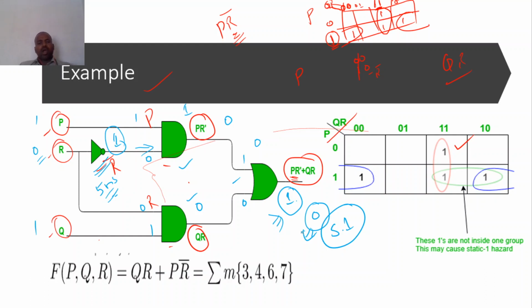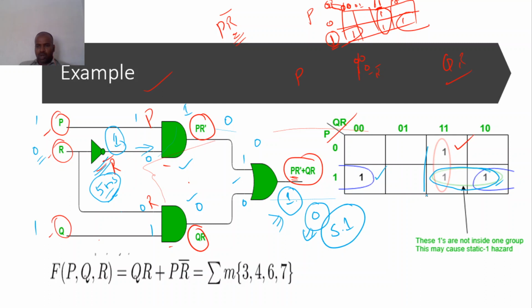Okay, so how to avoid this hazard means, see already we are having one group, so this is one pair and this is another pair. Now our ultimate aim is to reduce this nanoseconds delay, otherwise we need to increase the components. So for increasing the component, I am going to make these two one pair.